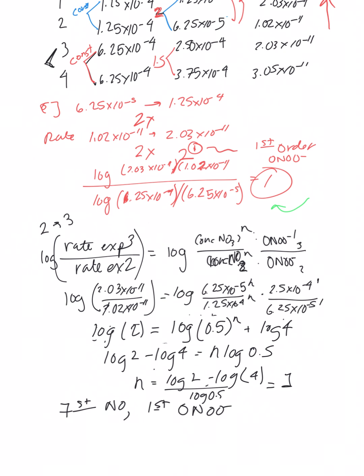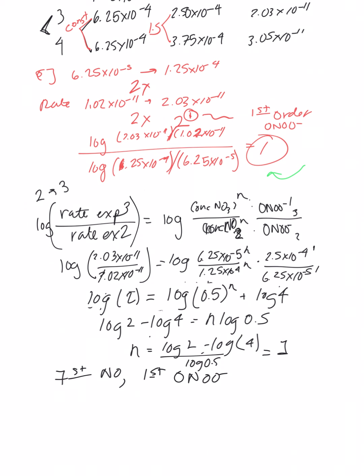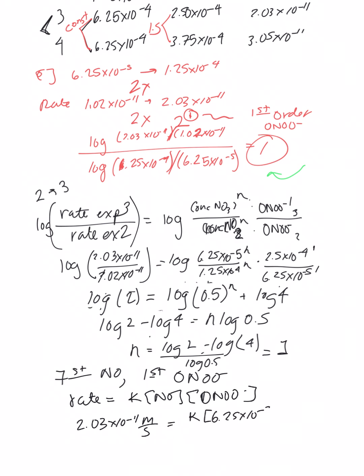Now that we've got that, we can solve for our rate constant. We know our rate equation is rate equals k times NO times ONOO minus. Let's plug in our answers. For a rate of 2.03 times 10 to the negative 11 molar per second, that is equal to our constant k times 6.25 times 10 to the negative 5 times 2.5 times 10 to the negative 4.